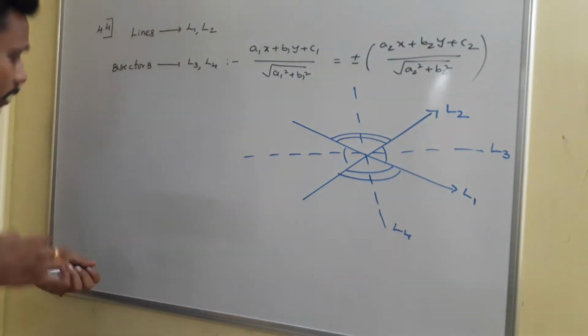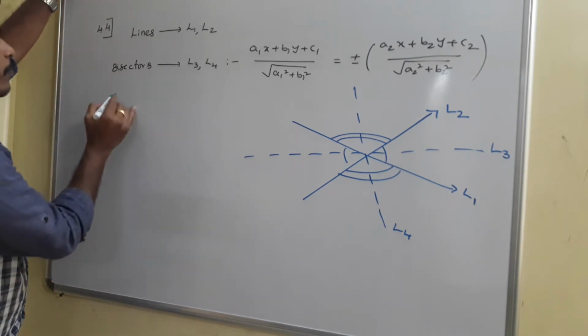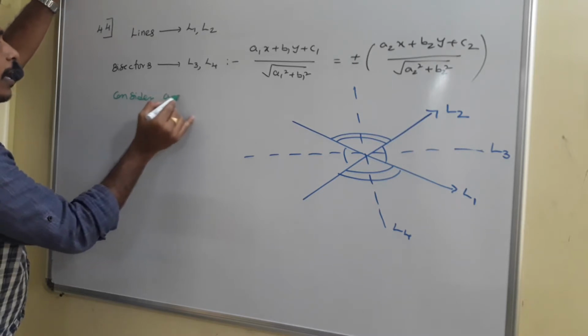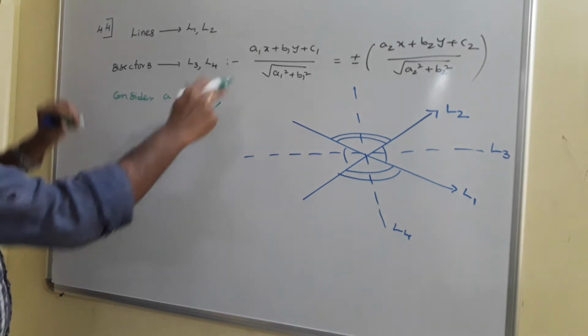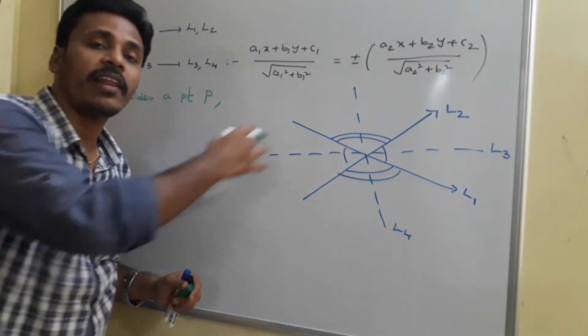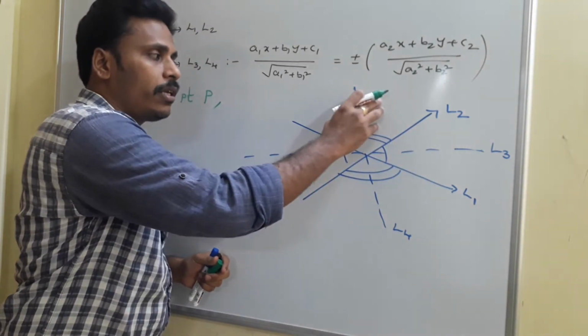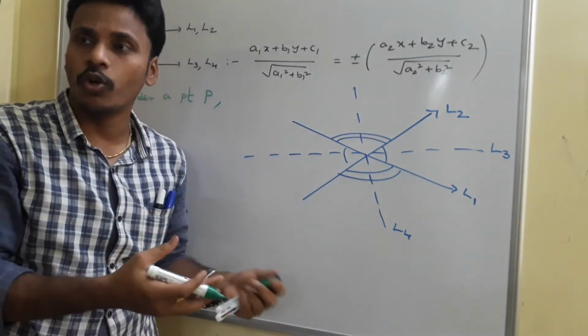Now as in the 44th point, consider a point P. This point P is somewhere in this plane. It may be in this region, or this region, or this region, or this region. We don't know exactly.